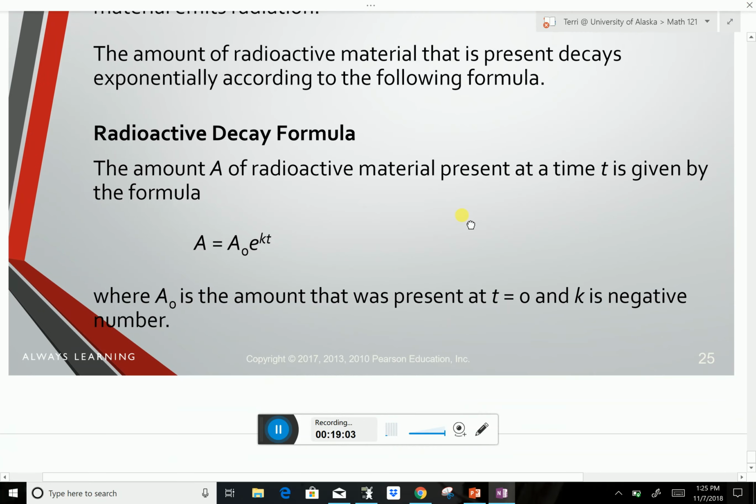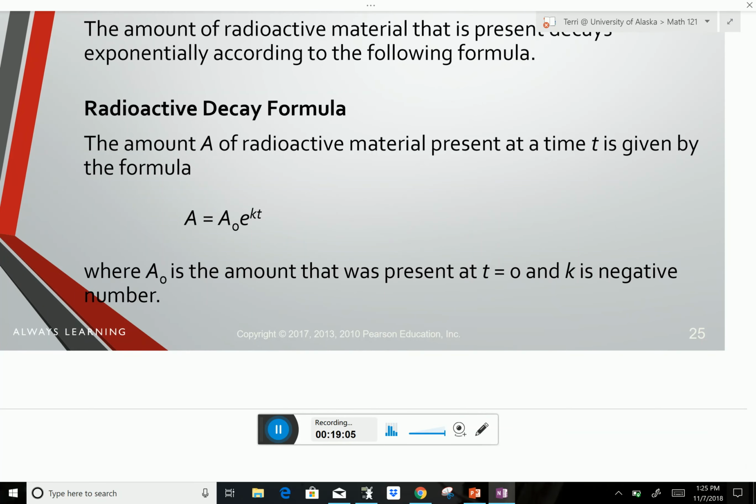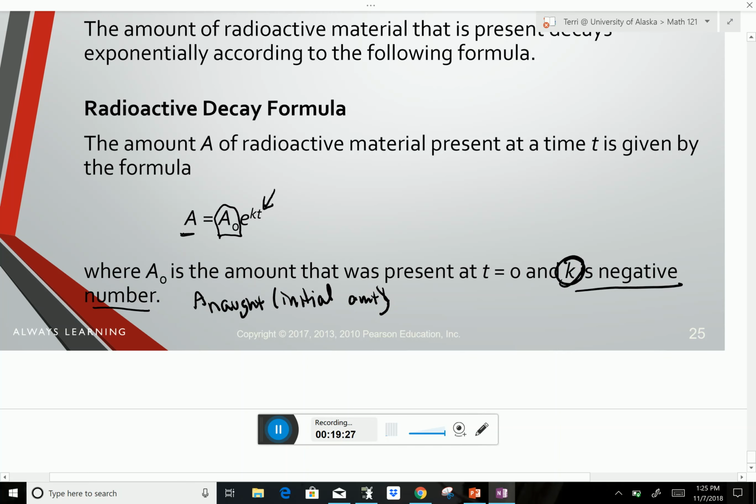The amount A of a radioactive material present at a given time t, A naught is the original amount, the initial amount. And k is a negative number. So if this is negative, remember, this is going to look like this and be a decay.